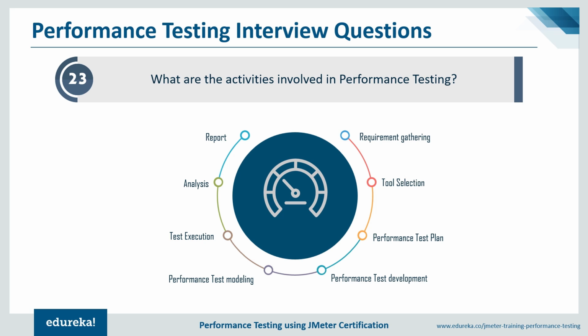Once the test is completed, the next step is to analyze how the test has performed and what results it shows. And finally, we have the report of our performance testing. The report provides you all the detailed information about your software and how the testing has performed. So these are the activities that are performed during performance testing.